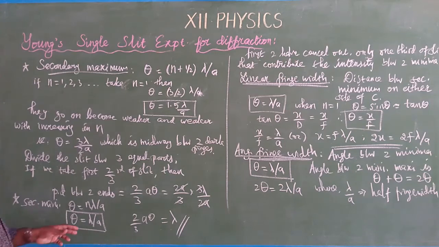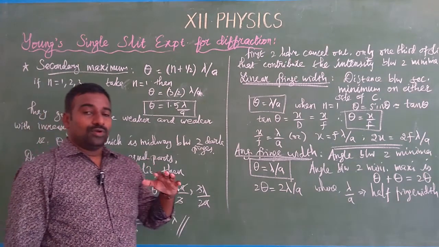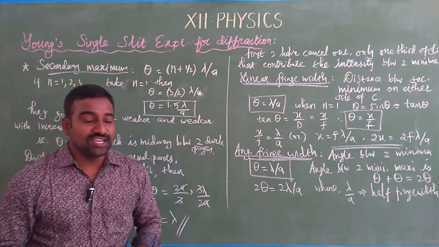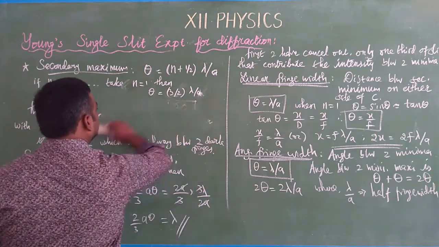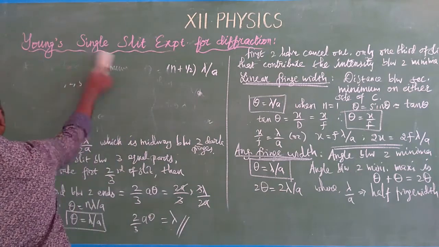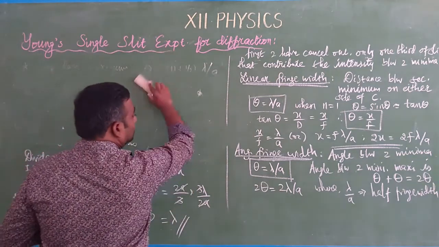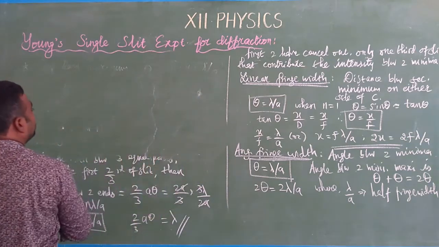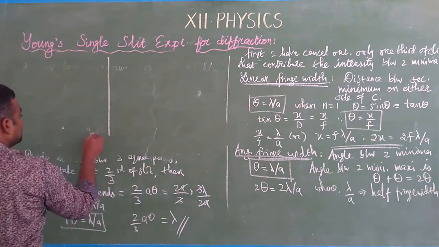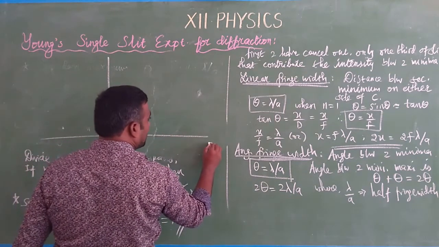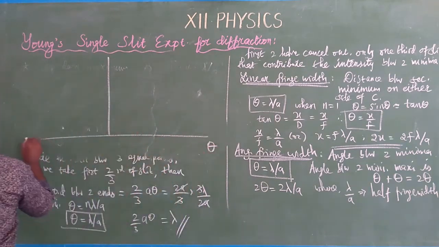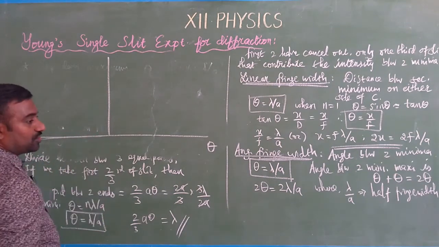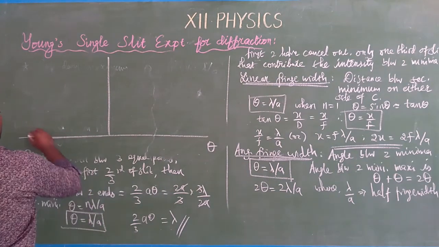Okay, that's it. So finally, the diffraction observed on a screen looks like this. If you plot the graph between the intensity and the angle theta, this is the intensity.